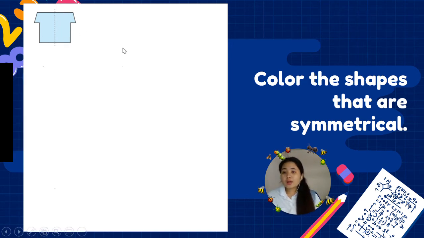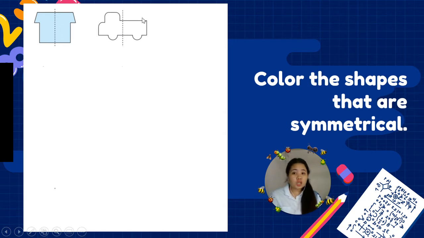Next one we have a car. Is the car symmetrical or not? Let's see. No, there's no color. Why? Because the car has wheels, so it has two, but here is not the same, right?